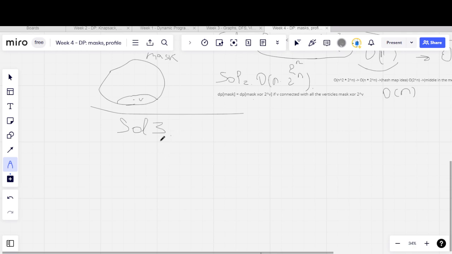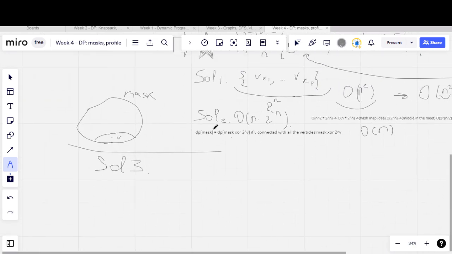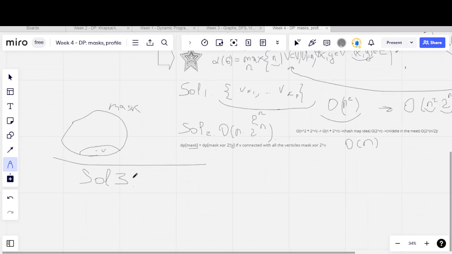Okay, solution 3. We just iterate through masks, and we choose some vertex in our mask, and that will be the solution. Solution 3 is O(2 to the power of n).